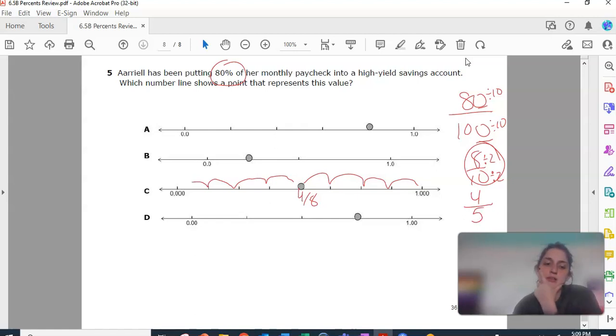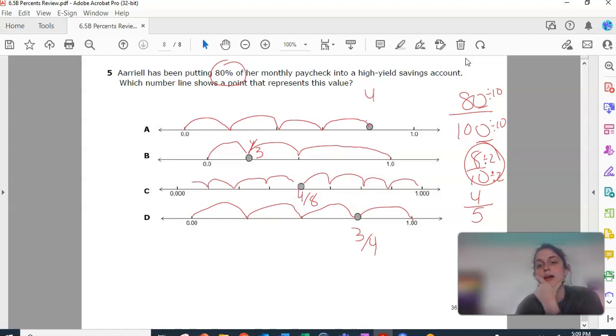Are there any that are 4/5? 1, 2, 3 out of 4. 1 out of 2, 3. 1, 2, 3, 4 out of 5.